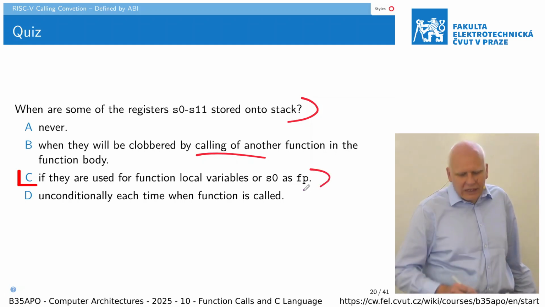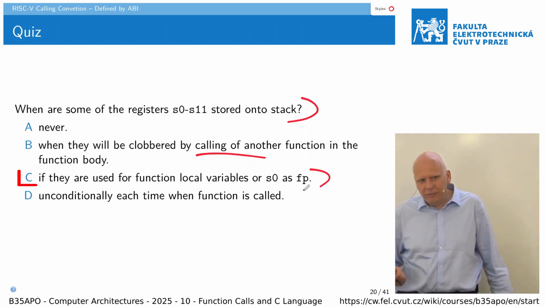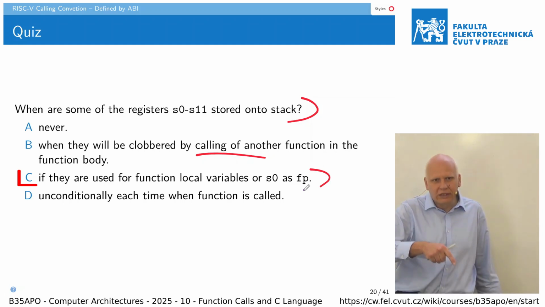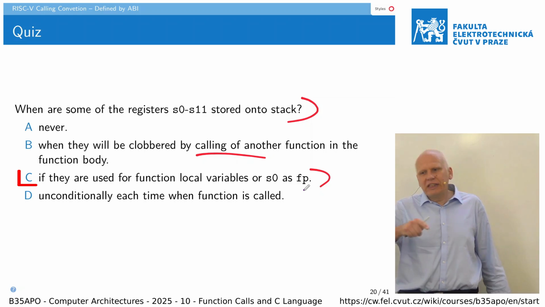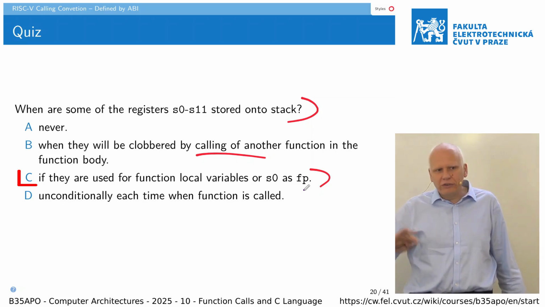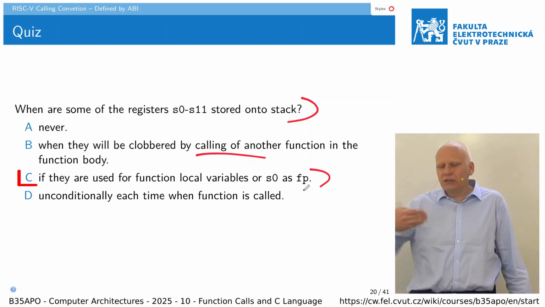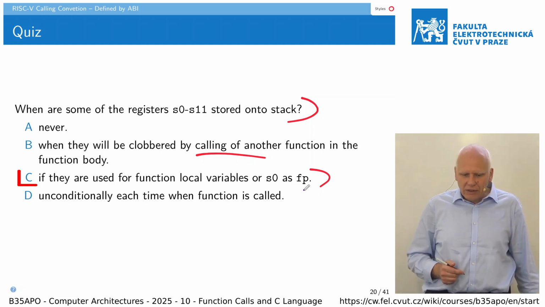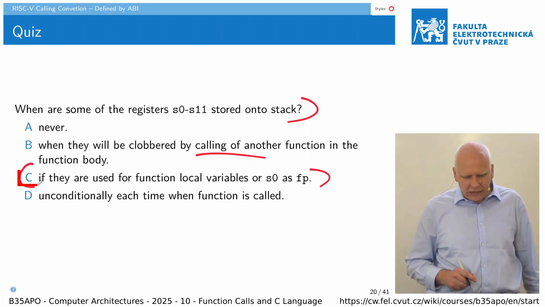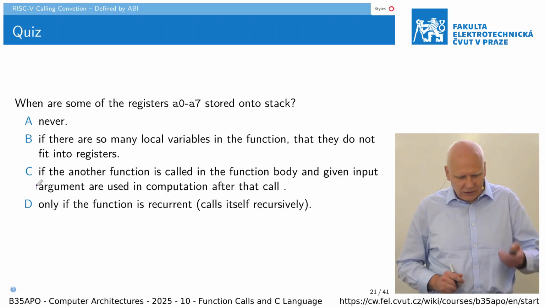If they are used for local variables, then we need to first store them to the stack, and then we can use them as local variables, and we do not care about the calling of some other functions and so on. And at the end, we need to restore them from the stack to return with the previous state of those. So the correct answer is C in this case.